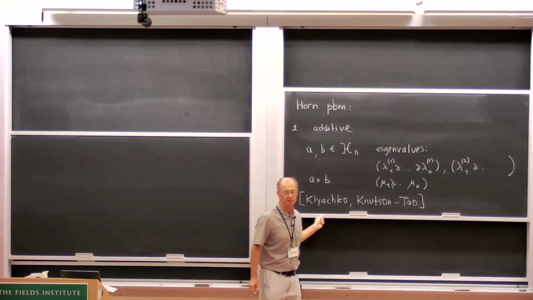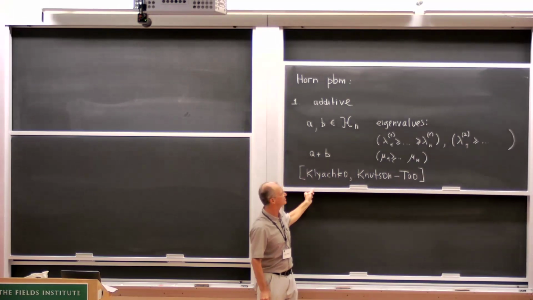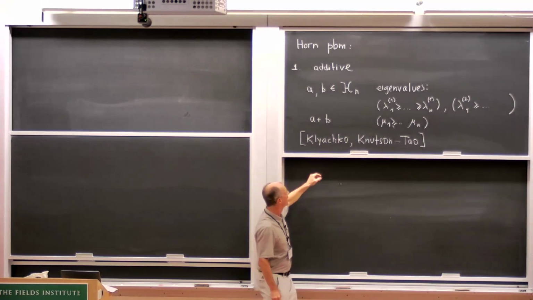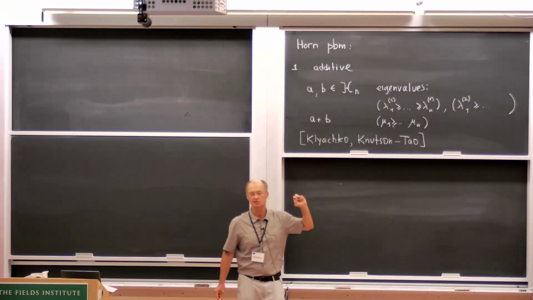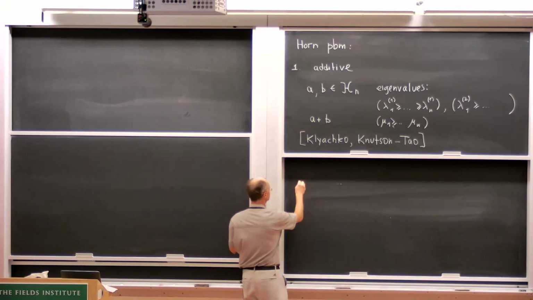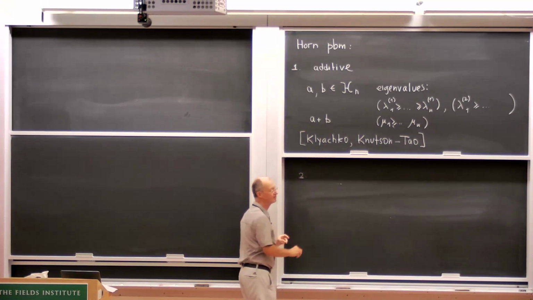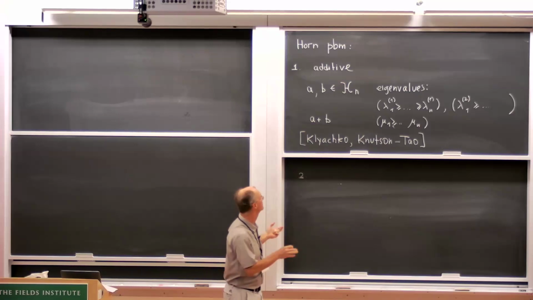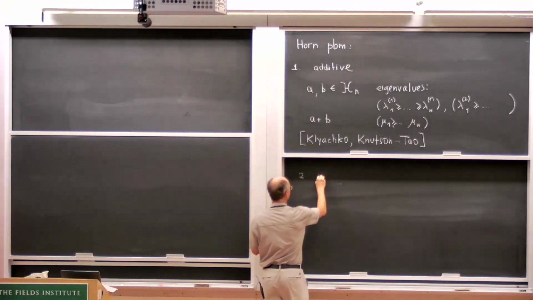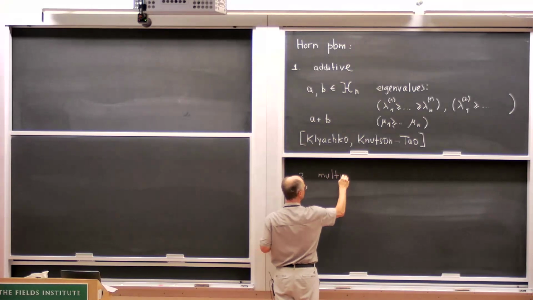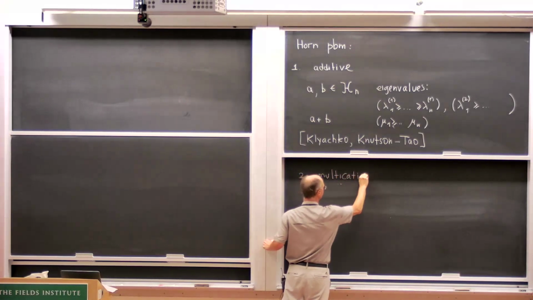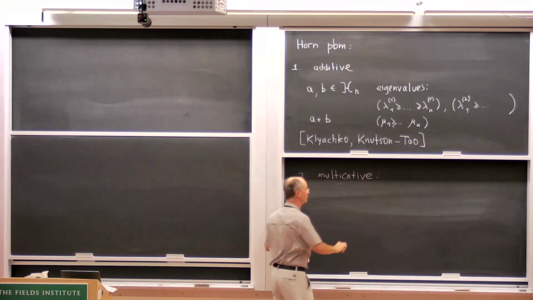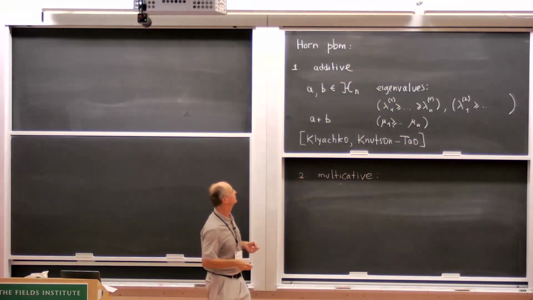Maybe later on I will touch upon some of those proofs. But maybe now, instead, let's look at other versions of the problem. For us, it will be important that there are several versions, so let me first state them, and then I will tell you about the interrelations between them.